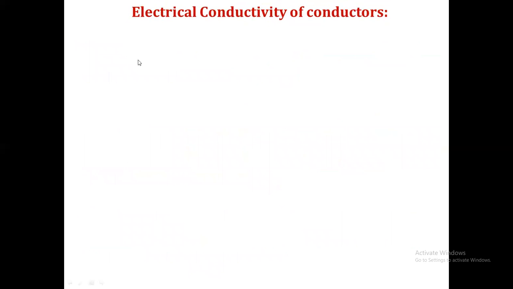So let me try to revise the concept. Let us see what we have discussed so far. The first point is the current, in which we discussed DC current as well as AC current. Second, we discussed Ohm's law.